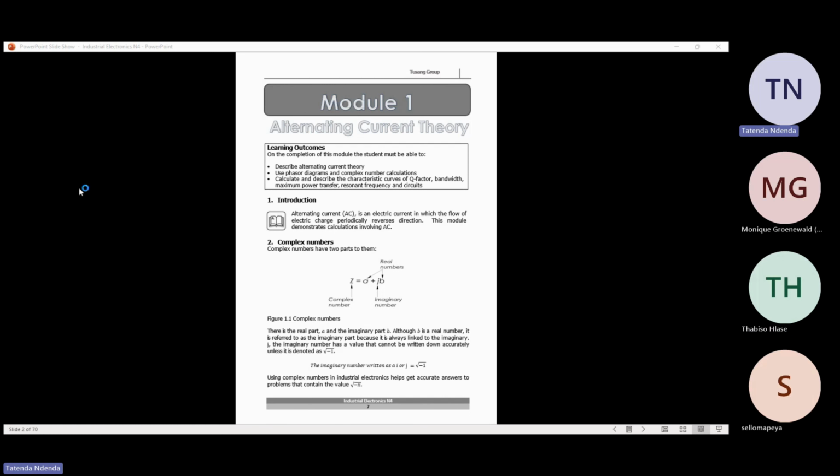So here we're having complex numbers like this, right? When you're having complex numbers, we are saying Z is equal to A plus jB, right? This is our complex number.